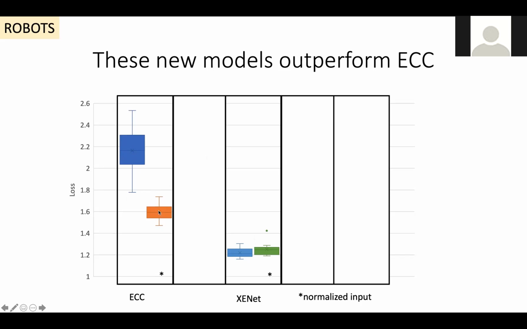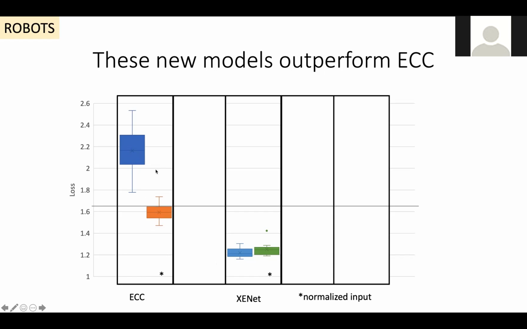I don't think we ever would have spent time training models with unnormalized inputs with proteins, but since it only takes a few hours on robots, we tried it. Again, for context, ECC is the standard graph convolution with edge attributes that we're hoping to replace. It turns out that when you have unnormalized inputs, which nobody nowadays does, ECC takes a huge performance hit, really bad.